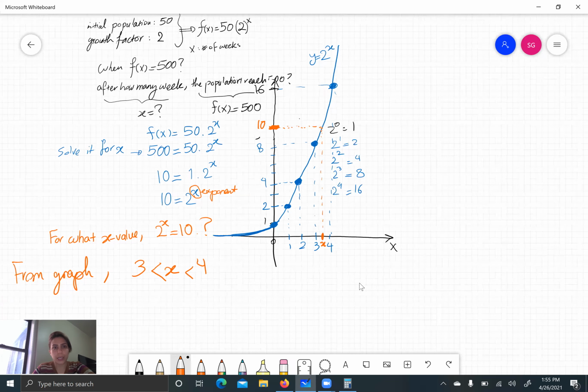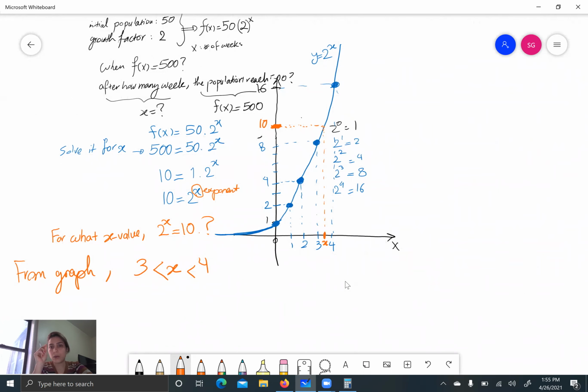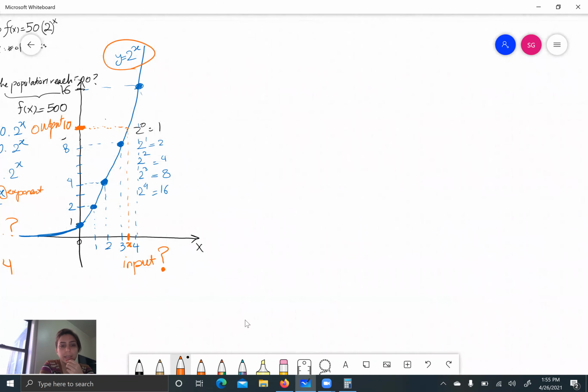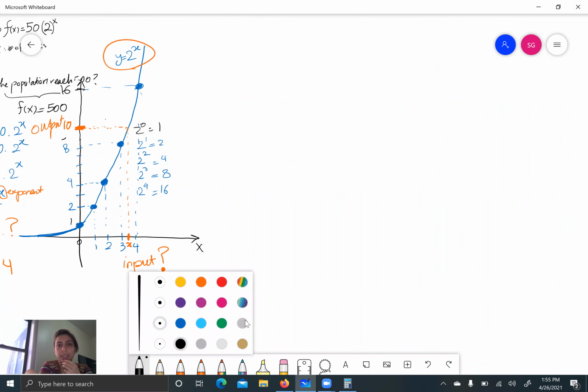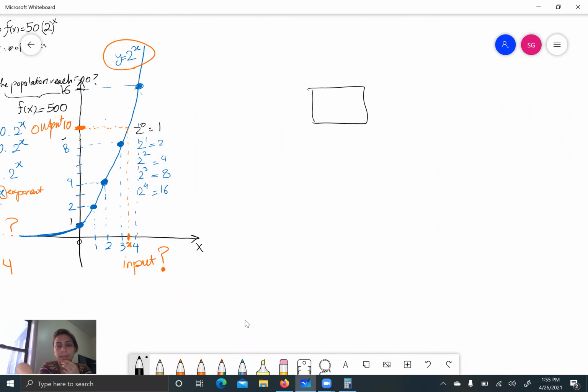So what to do? Think about this question one more time. In the function 2 to the x, we are looking for the input value, right? The question is, what is the input value when the output is 10? Just recall the definition of a function in general.